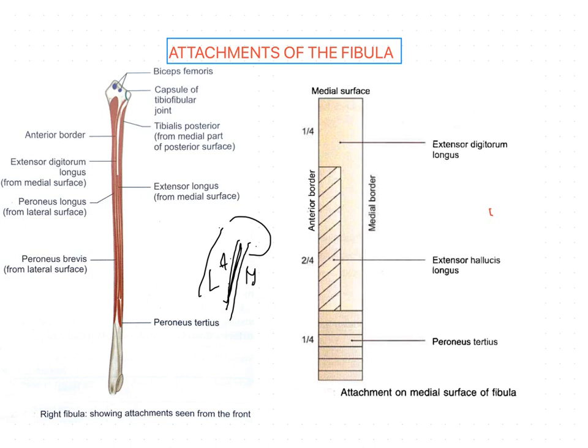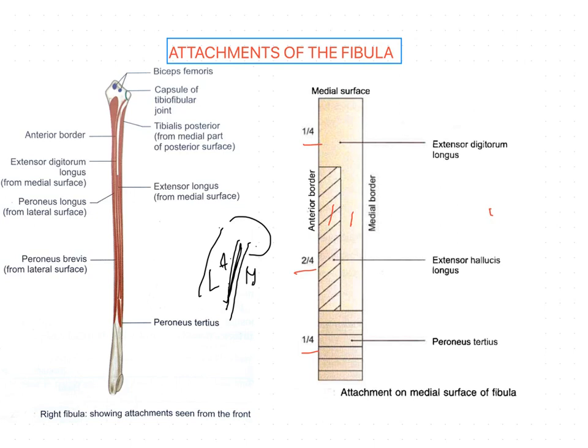This surface is divided into 1/4, 2/4 and 1/4, and the middle 2/4 is again divided into two equal halves, the lateral part and the medial part. Now which muscles are attached in these areas?